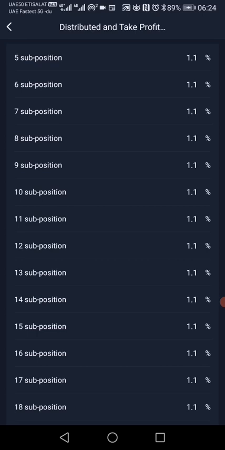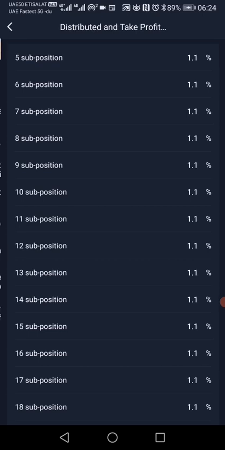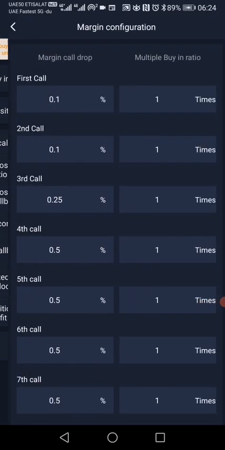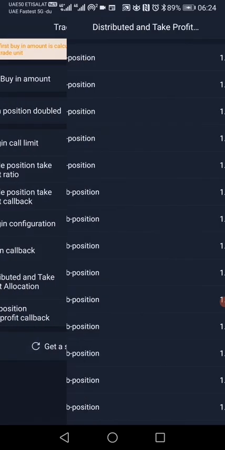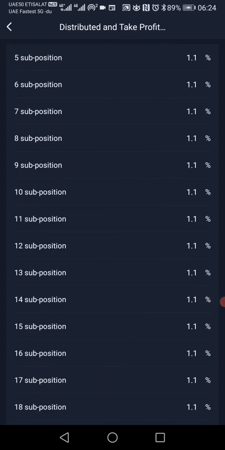So it's all about preference. What it means is that at that sub position, once the robot buys the 5th position at 0.5 drop in price from the 4th position to the 5th position, and once that is executed and the price rises by 1.1 at the 5th position, sell it for me.